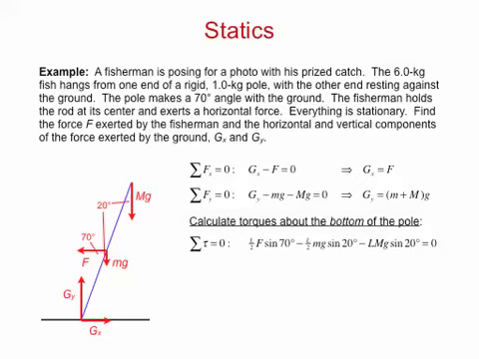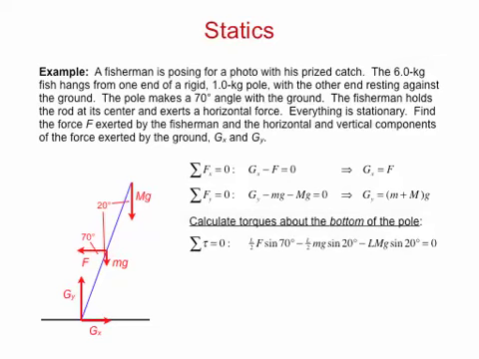Therefore, given the angles already discussed, the net torque on the rod about its bottom point is given by L over 2 times F times sine of 70 degrees minus L over 2 times little m g times sine of 20 degrees minus L times big M g times sine of 20 degrees equals 0.